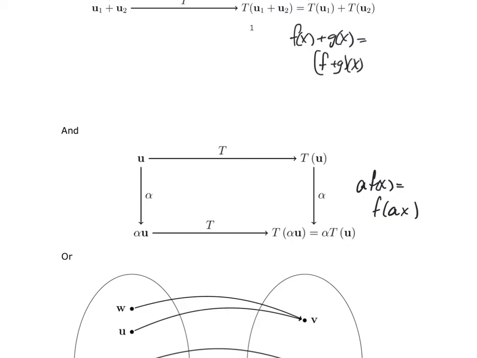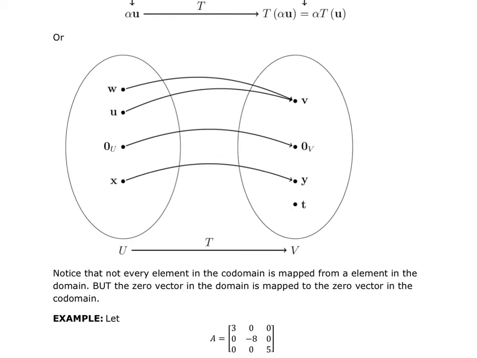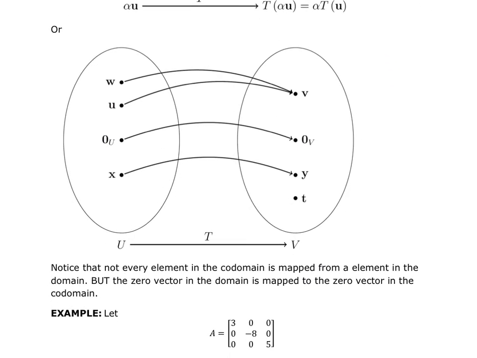Now here's another way of looking at our linear transformations. Here is some vectors, not all the vectors. Here are some vectors that are in my domain, and then I do this mapping, or this linear transformation, if you will, into my codomain.